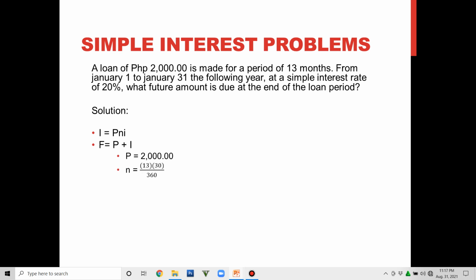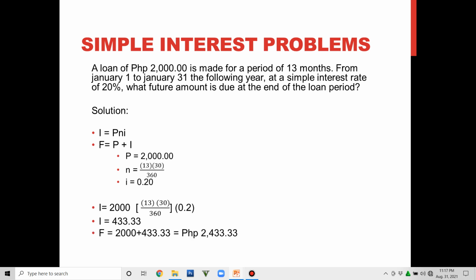In 13 months, we'll just have to multiply 30 days per month all over 360. I is 0.2. So we just substitute that one for the interest, and then we come up with that value, 433.33. So if you're interested in future worth, i-add mo lang yung principal. That will be the future worth.